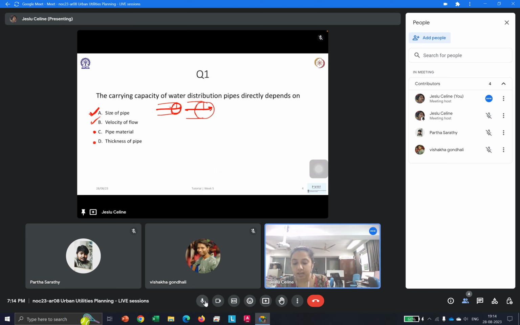That is correct. Now, by velocity of flow we are mainly talking about the discharge, or the rate at which water is being supplied in a distribution system. When the velocity of flow increases, you can carry more water in a short period of time. So carrying capacity increases based on velocity of flow.